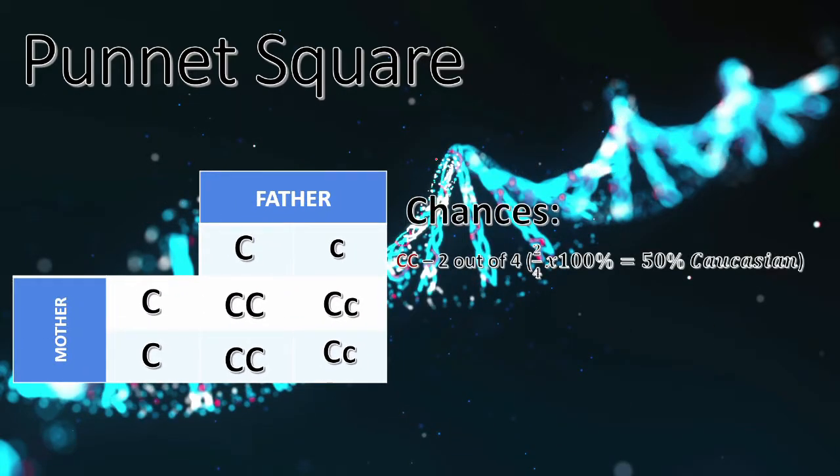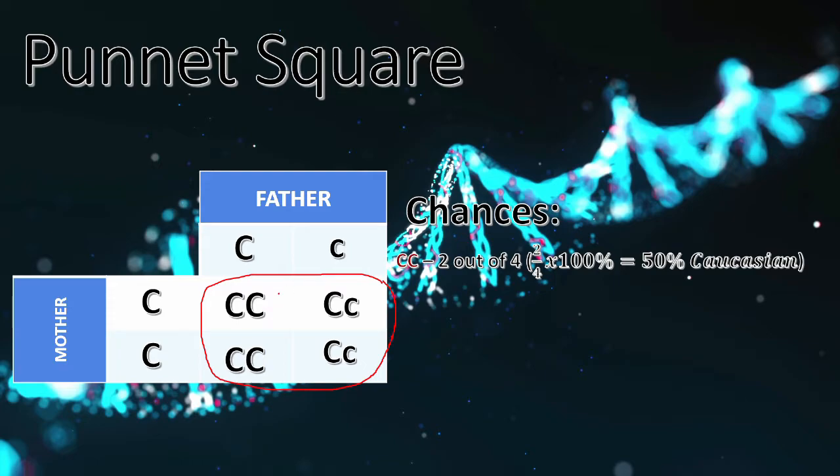Okay? So the chances. The first chance, we just need to look at the same values here on this square. This square has three possible chances. The combination of two capital letters and a combination of a capital letter and small letter.